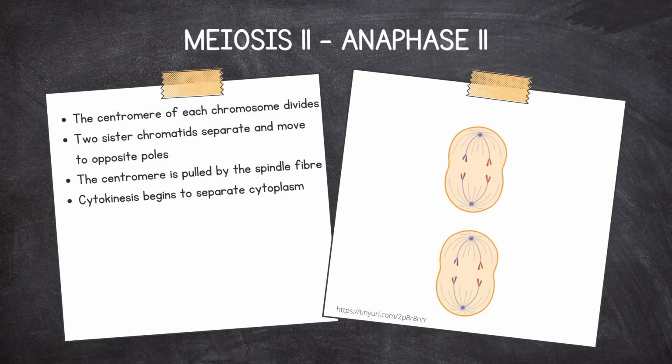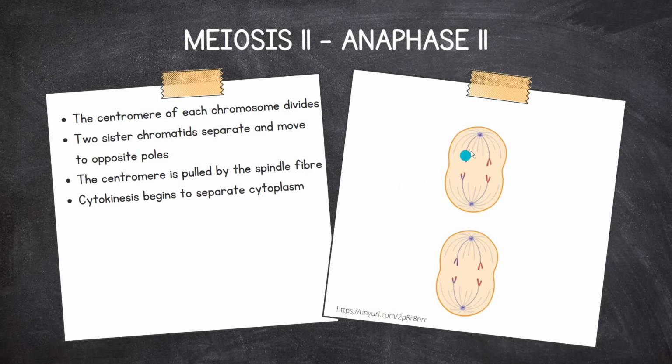So the centromere of each chromosome divides. Two sister chromatids separate and move to opposite poles. So the centromere that was connecting the chromosome in the previous slide now divides, and then because of that, the two chromatids are able to separate and move to the separate poles. So the centromere is pulled by the spindle fiber.